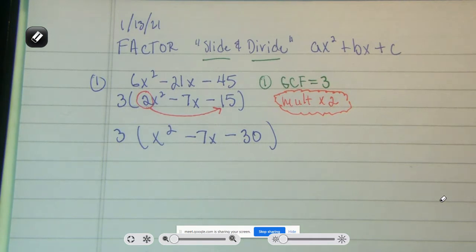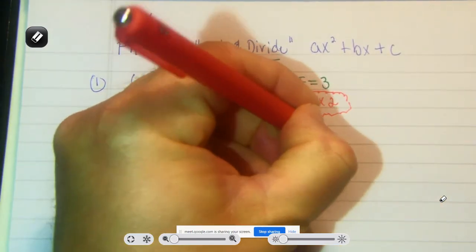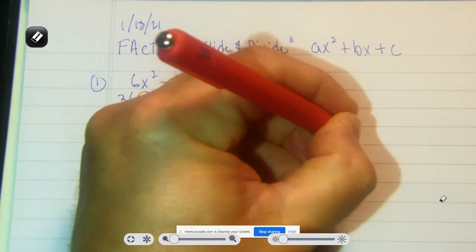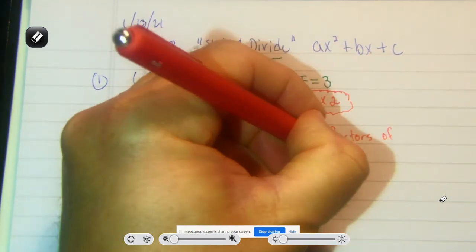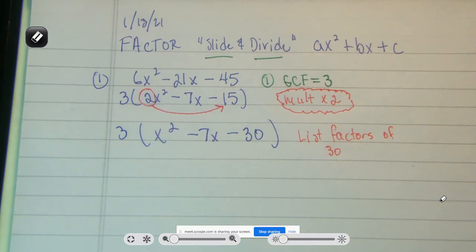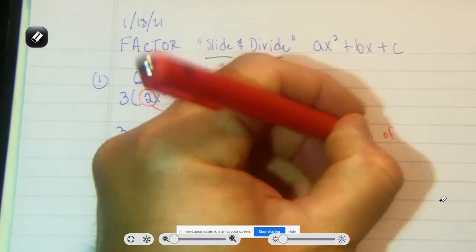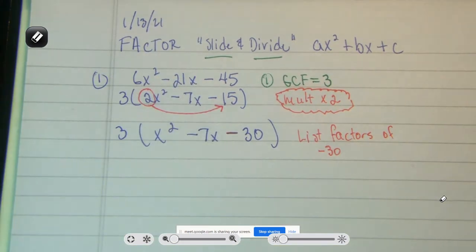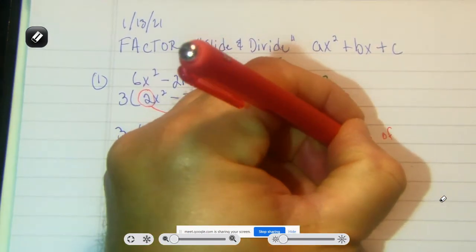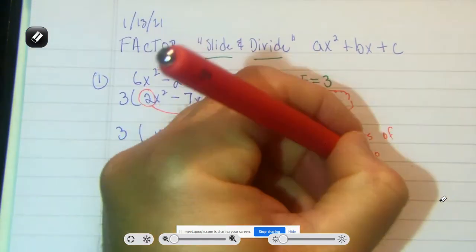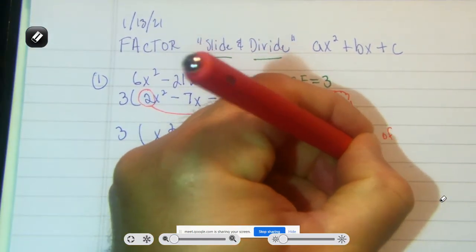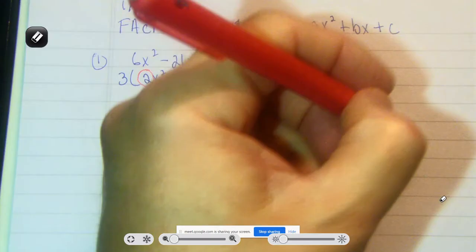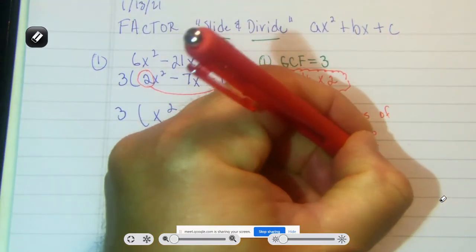All right, so everything looks pretty good so far. Now, what I want to do is list the factors of 30. Remember, I can use the TI-83 for that, but I'm going to do it without a calculator because I can. And I know that it is the factors of negative 30. Can't leave that part out, okay? So I know it's a negative 1 times 30, a negative 2 times 15, a negative 3 times a positive 10.